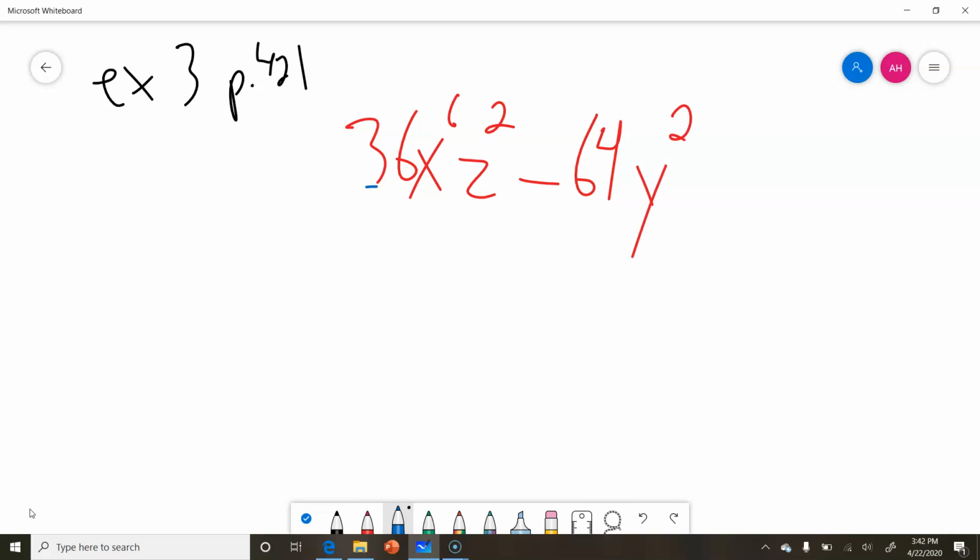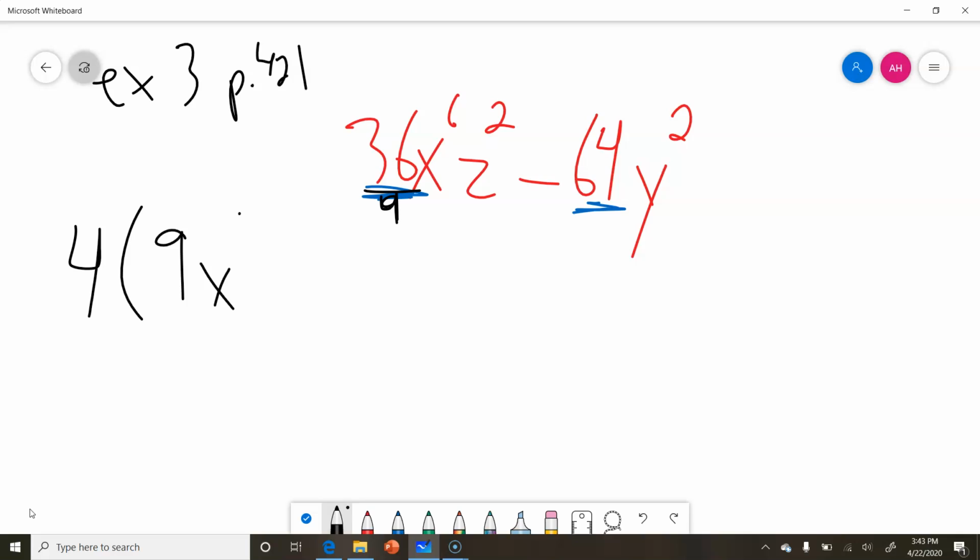Again, the first step is to say, what can we pull out that's in both of them? Well, they're both divisible by 4. So I divide by 4, and 36 divided by 4 is 9, so I get 9x to the 6th z squared minus 64 divided by 4, which is 16y squared.